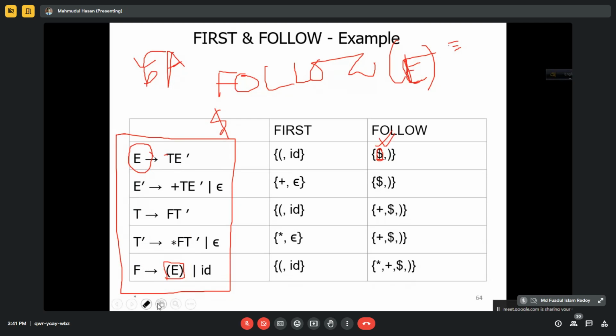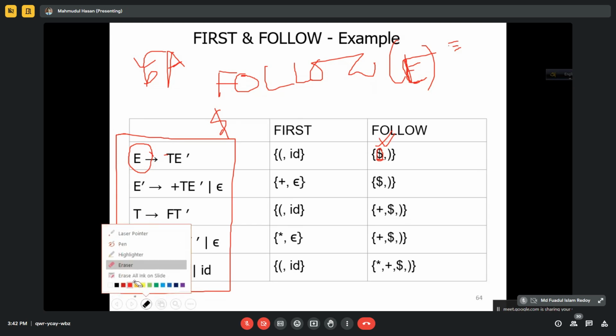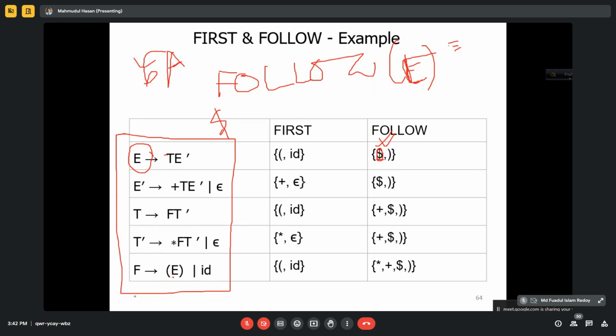So now look at the right hand side. There is E at the bottom, and after E, what is that? Closing first bracket.